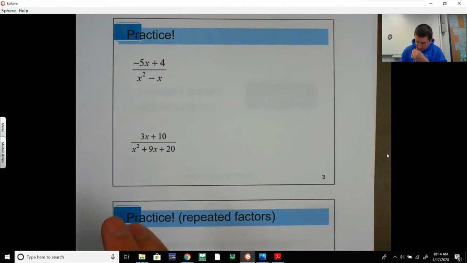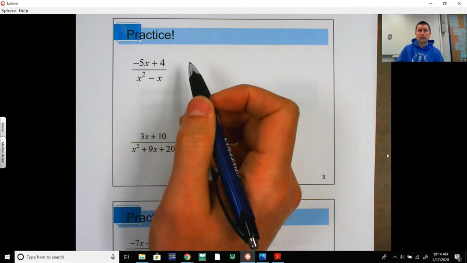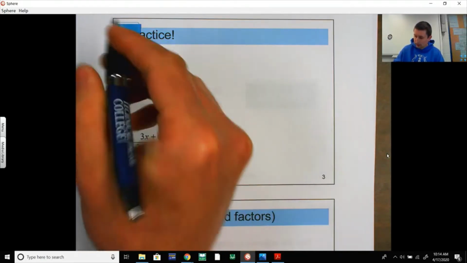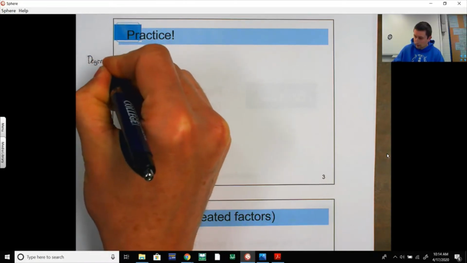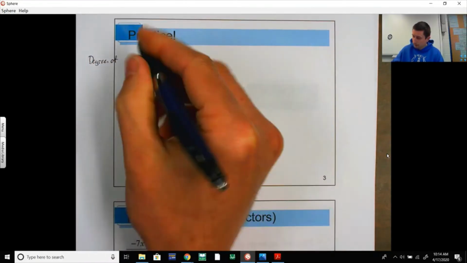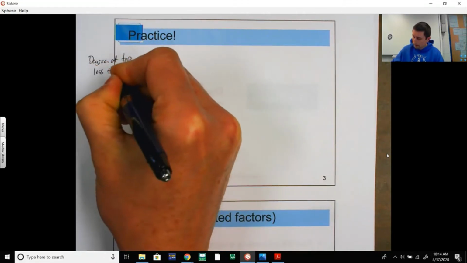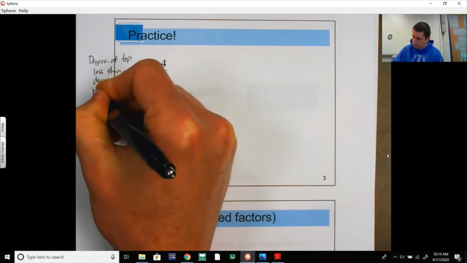What we have here is this fraction. We want to find out what parts add to this fraction. The first thing we have to check is that we want the degree of the top to be less than the degree of the bottom.